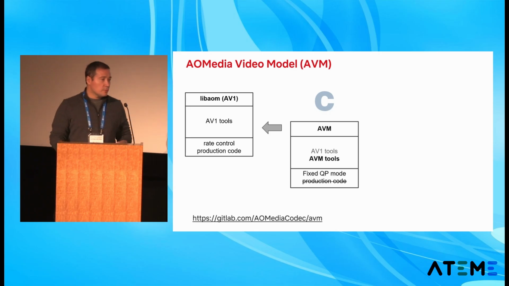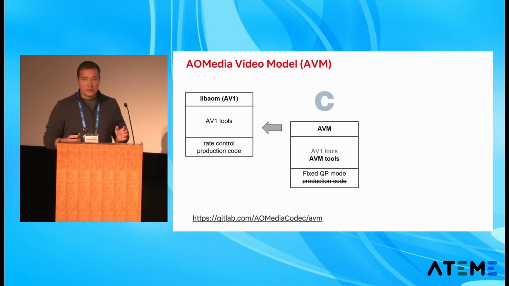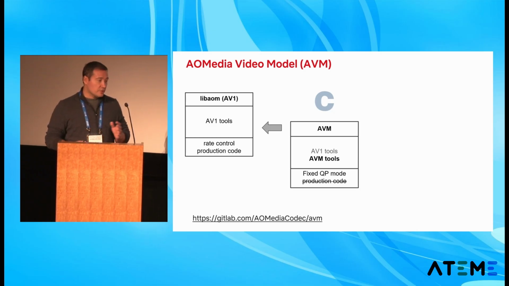So what's the AOMedia video model? That's basically the software code base that is based on libaom, the AV1 reference software. But the AV1 reference software had a lot of production-like features and a lot of optimization.